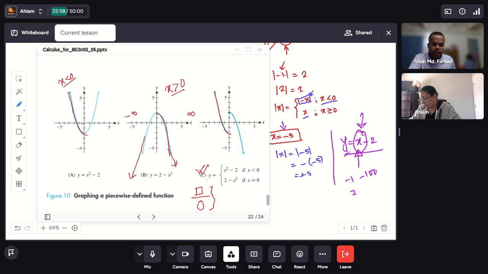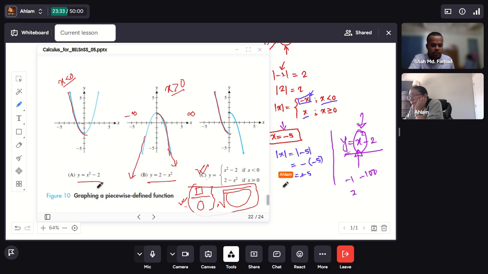And if we have a square root function, then the term inside the square root can't be negative. That's why for a square root function, the term inside the square root must be greater than or equal to 0 for the domain. Except for these two cases, we will have the domain negative infinity to positive infinity for all quadratic functions, since the graph moves up to negative infinity and positive infinity.